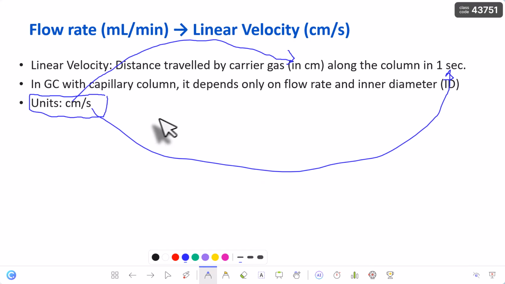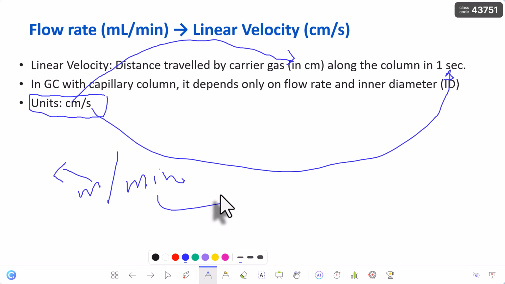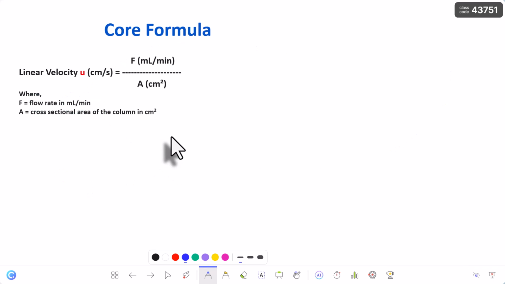You can have a different unit for linear velocity, like meter per minute, if the distance traveled is in meters and time is measured in minutes. But in this presentation, we will consider distance traveled in centimeters and time in seconds.